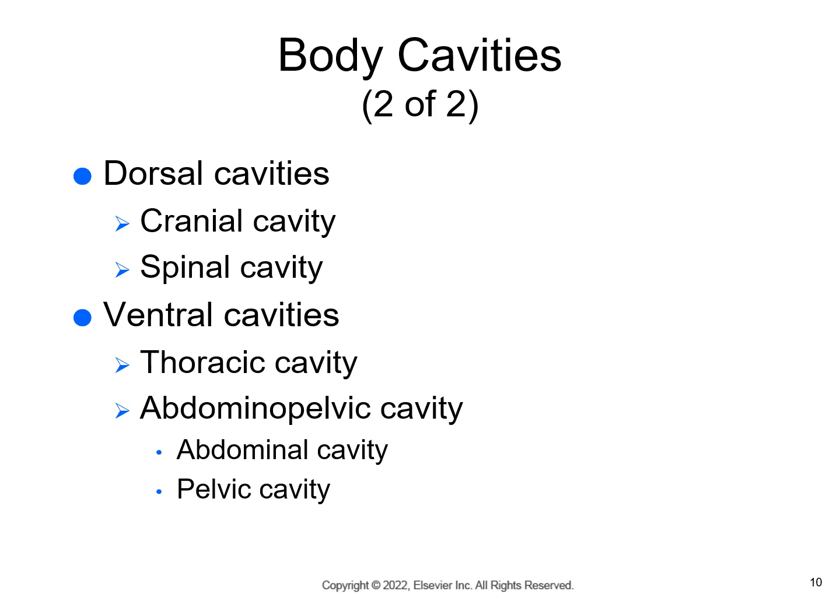Now we move to the body cavities. First, we'll look at the dorsal cavities. Dorsal refers, generally speaking, to the back side of something. And within that, we have the cranial cavity, which contains the brain, and we have the spinal cavity, which contains the spinal cord.